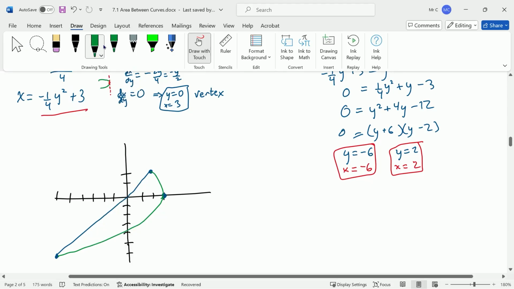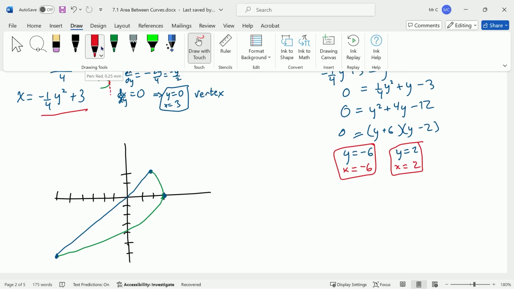And now I'm going to try to draw an approximating rectangle. So the height and the top and bottom of the rectangle, so to speak, have to be between the two curves. So you kind of have to turn your head sideways to see it.